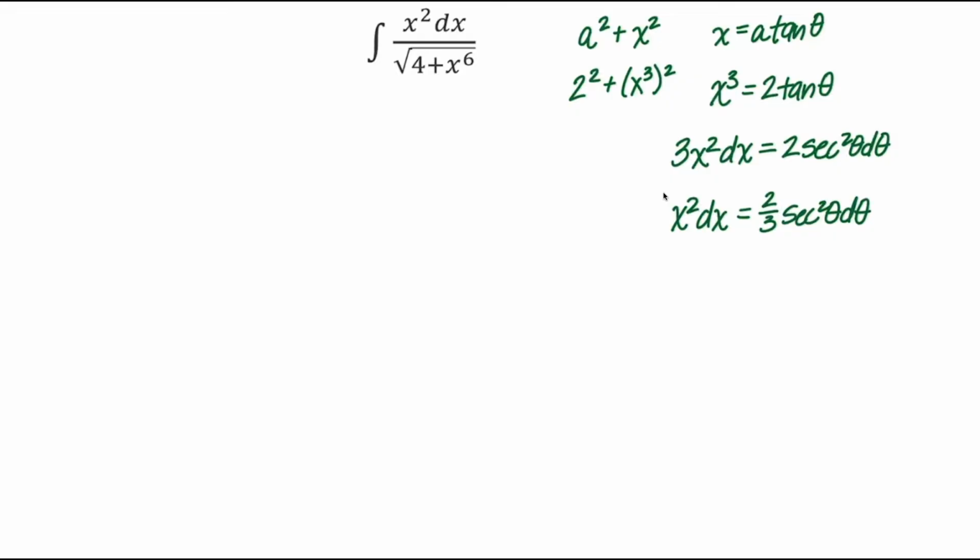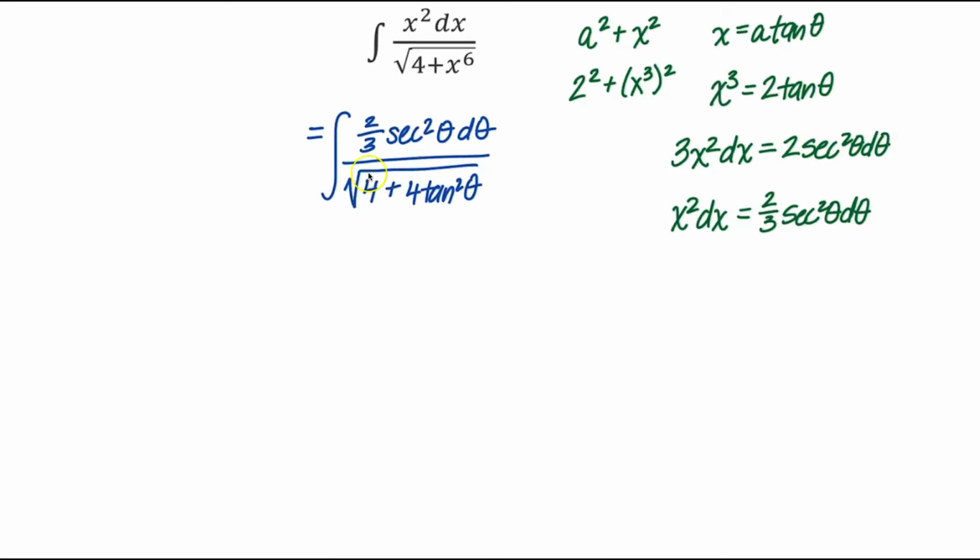So we have enough to start making our replacements here. So we're going to say that the numerator becomes 2/3 secant squared theta d theta over the square root of 4 plus, all right, remember that x to the 6 was x cubed squared, and x cubed was 2 tangent theta, so we're looking at squaring 2 tangent theta, which is 4 tangent squared theta.